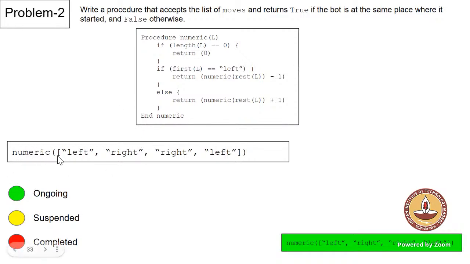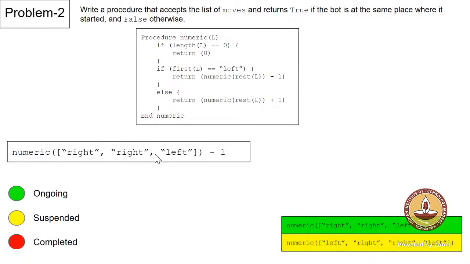So we'll take whatever list we are passing, execute it and see. Numeric of left, right, right, left: this list we are passing to the procedure numeric. What is our first move? Previously it is left, no? For the left, we call numeric of the rest of the list after removing the first element, and as it is a left, we are adding -1 here.